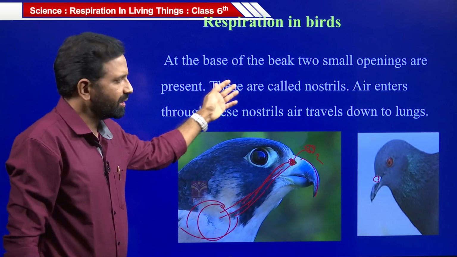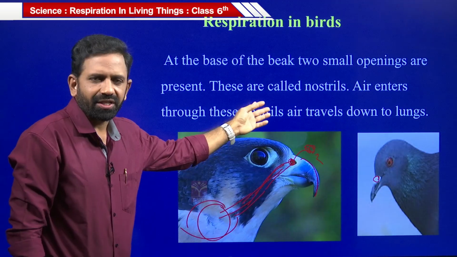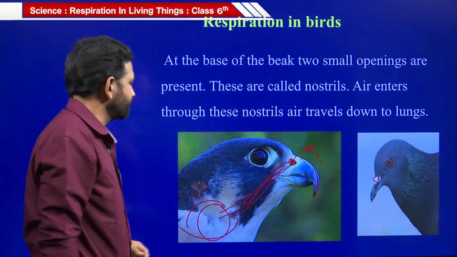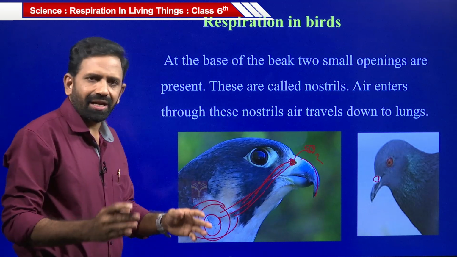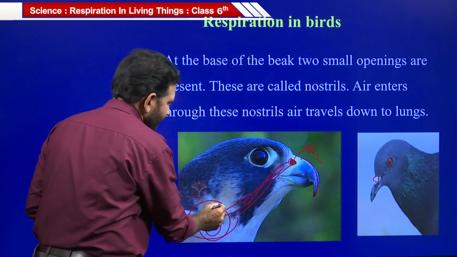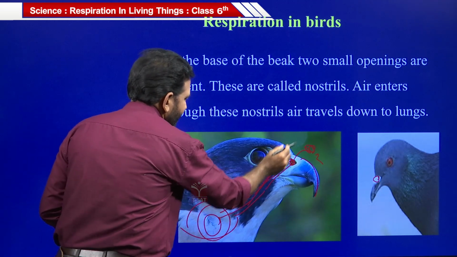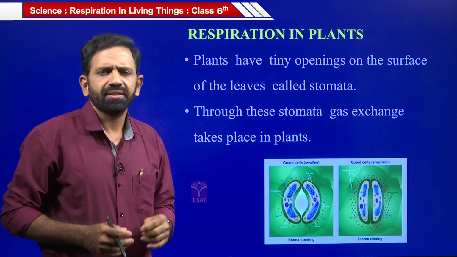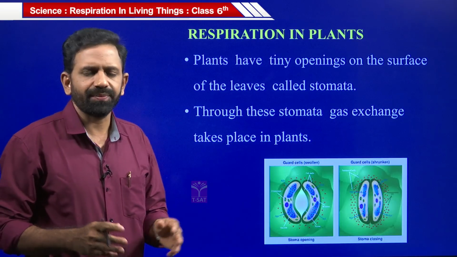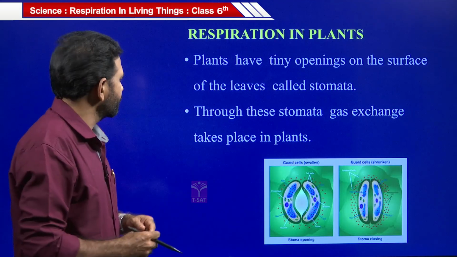So this is the process of respiration in birds. The carbon dioxide which is collected by the lungs again moves to the outside through these external nostrils. Students, now we are going to learn about respiration in plants.